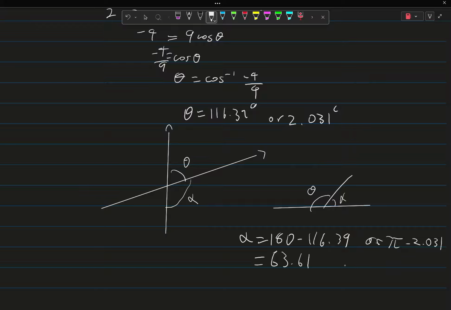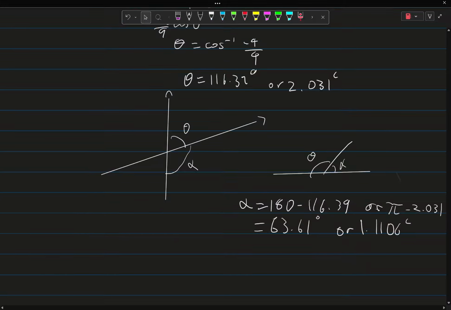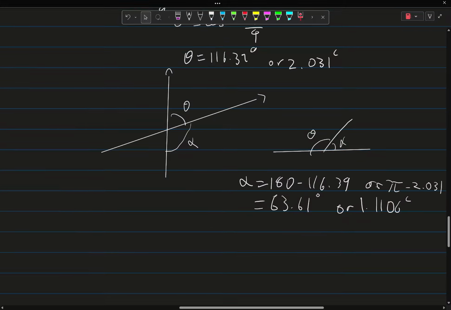I'm just plugging it into my calculator. Did everyone get that if they did it on their calculators?